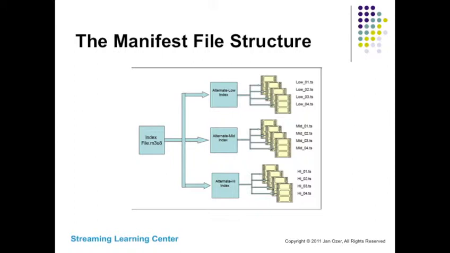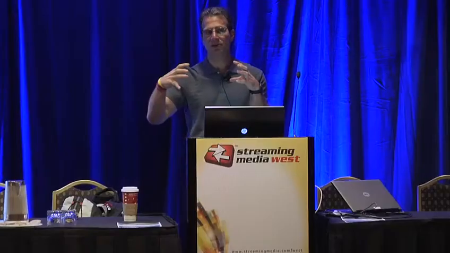It's HTTP, so there is no streaming server. There is no continuous connection between the server and the player. And the player is in charge of retrieving the chunks from the alternate streams as necessary. RTMP Flash, server-based system, server serves the different streams.